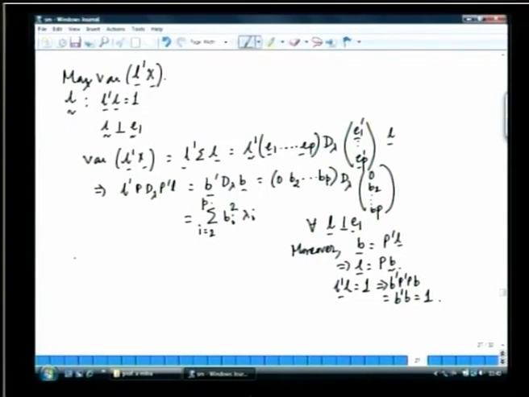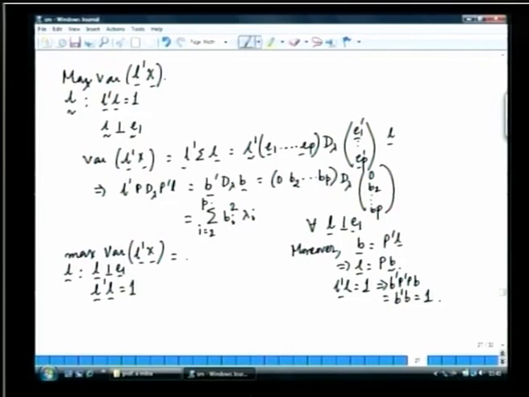So, this implies that I have maximum of variance of L prime x, maximum over L such that L is orthogonal to E1. Let us write this first, because this condition has been taken care of in the first place, and then I have L prime L equal to 1.